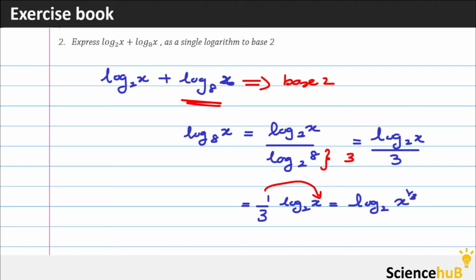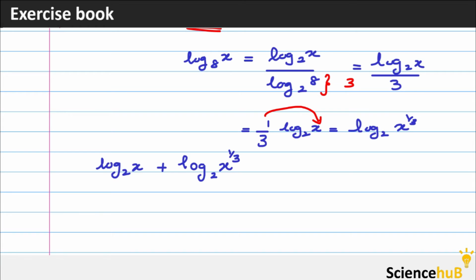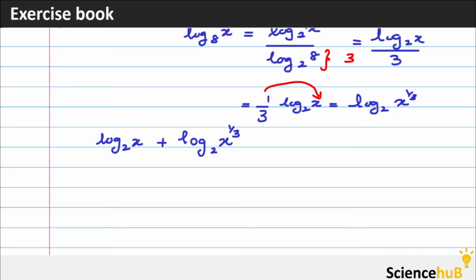Okay, now the time to express the expression in base 2. Log x base 2 plus log x^(1/3) base 2. Now this is a summation of logs.